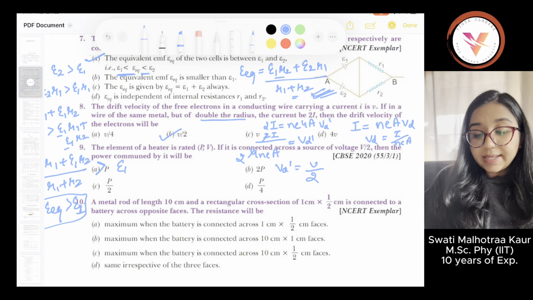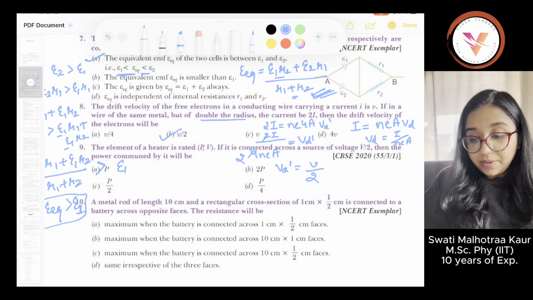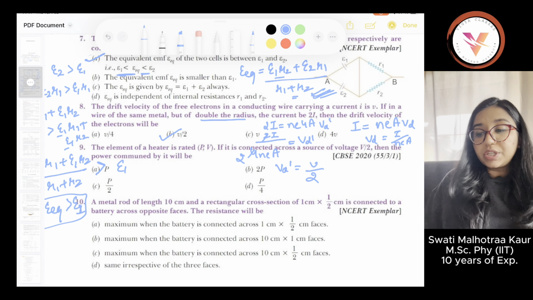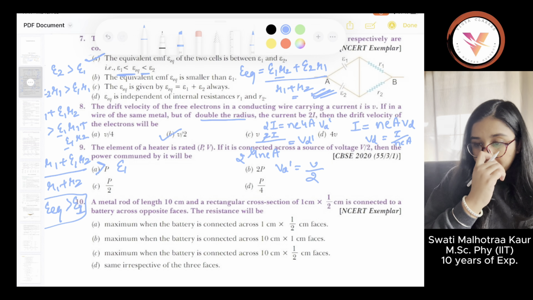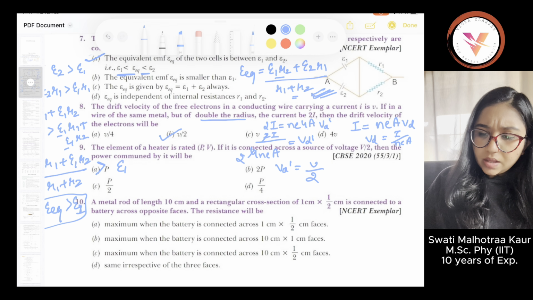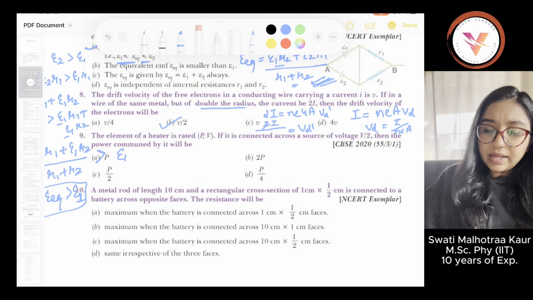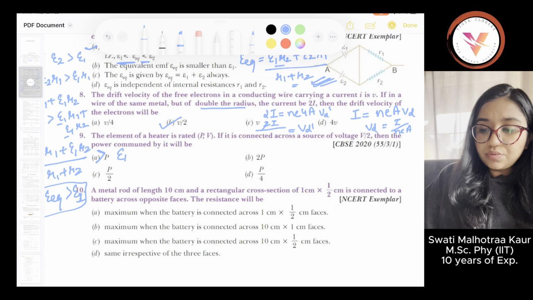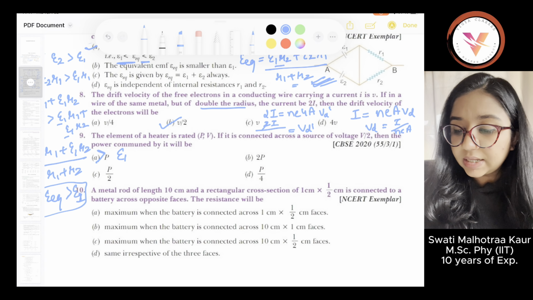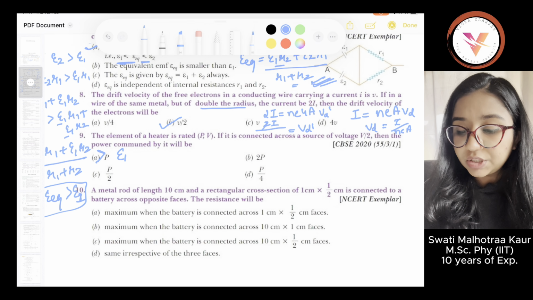Okay. Next, the element of a heater is rated P by V. If it is connected across a source of voltage V by 2, then find the power consumed by it. Okay, so it's given that the element of a heater is rated P, V. If it is connected across a source of voltage V by 2.